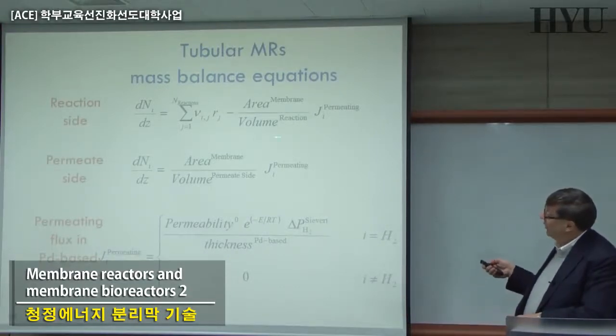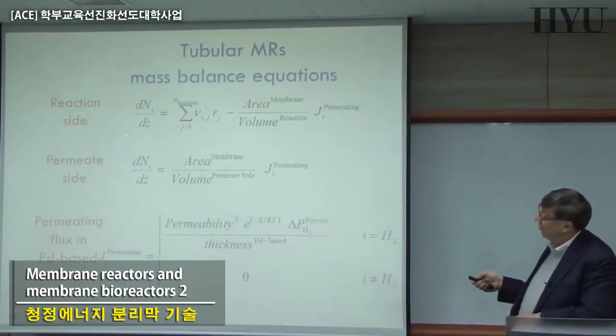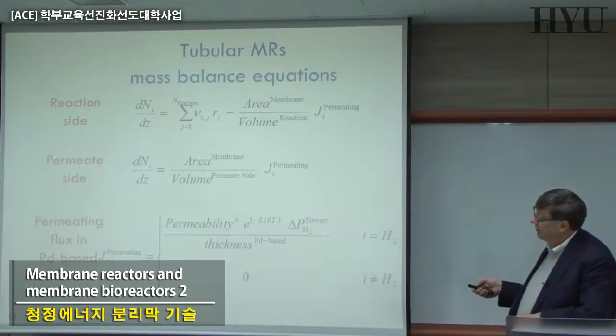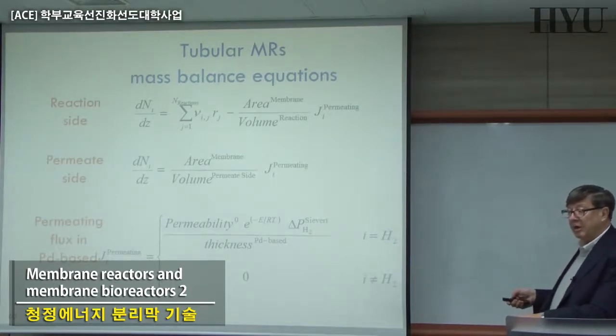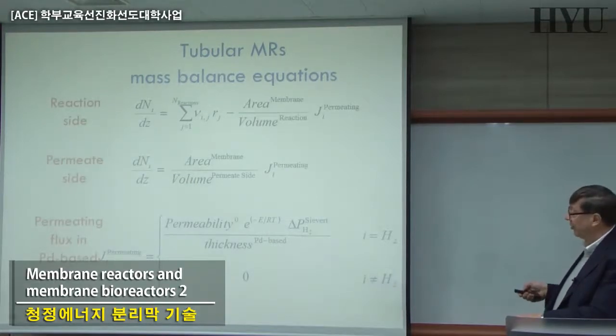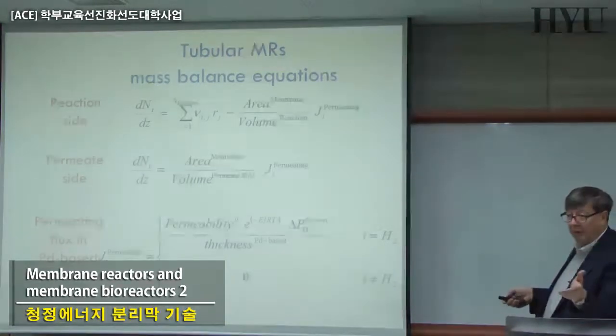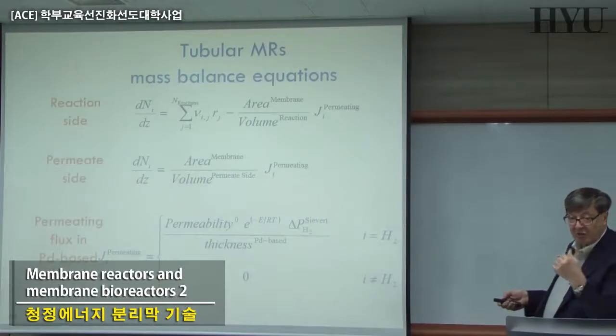And if you want to make your mass balance in this kind of tubular reactor, you can write the mass balance on the reaction side and on the permeate side, and you will have the overall permeation of the hydrogen across your membrane, which is the expression we just wrote before.